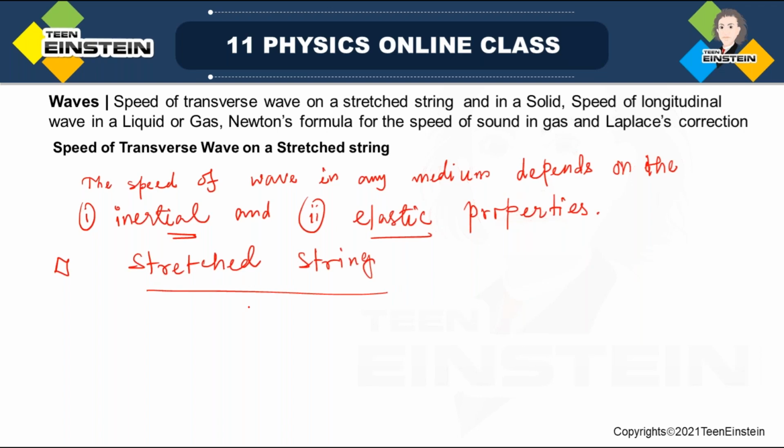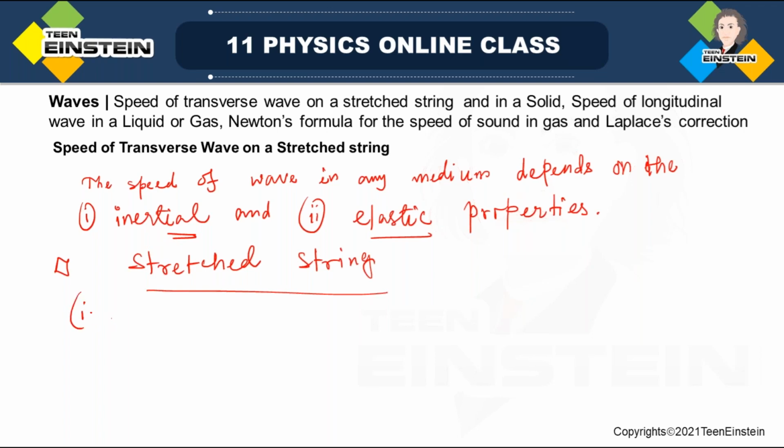So for a straight string, inertia is actually related to, anyway the inertia will be always related to mass, or mass is the cause of the inertia.